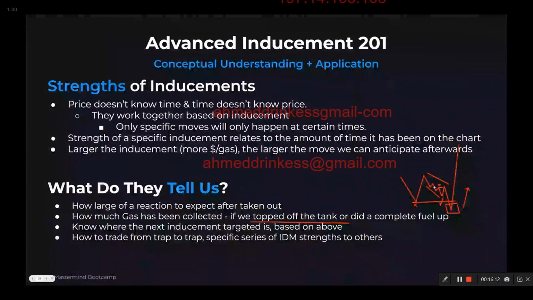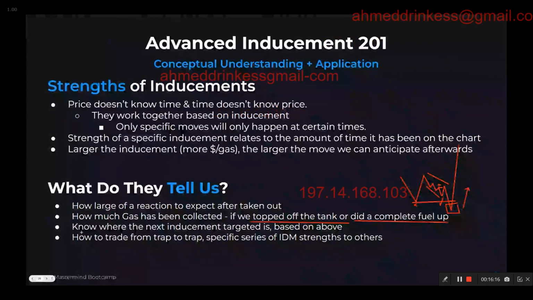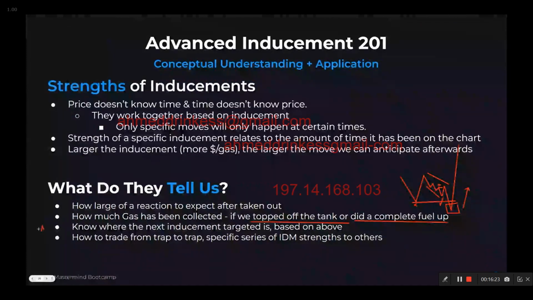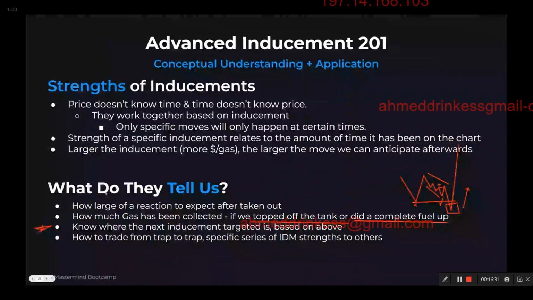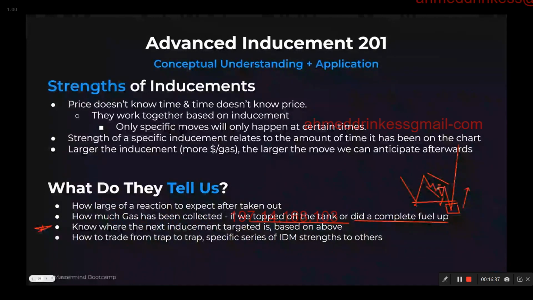This is very, very important. After we learn about this, the next most important thing, please repeat. The strength of inducement tells us two things. One, if we are just going to do a quick fuel up internally, a quick fuel up to top off the tank to get to our destination.